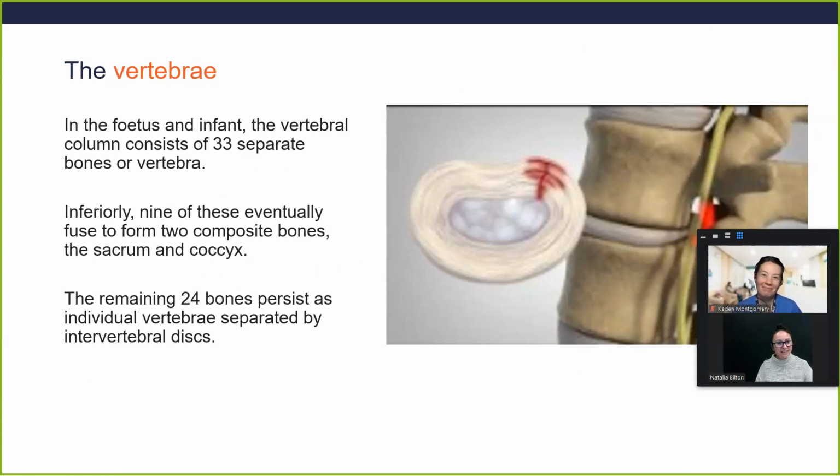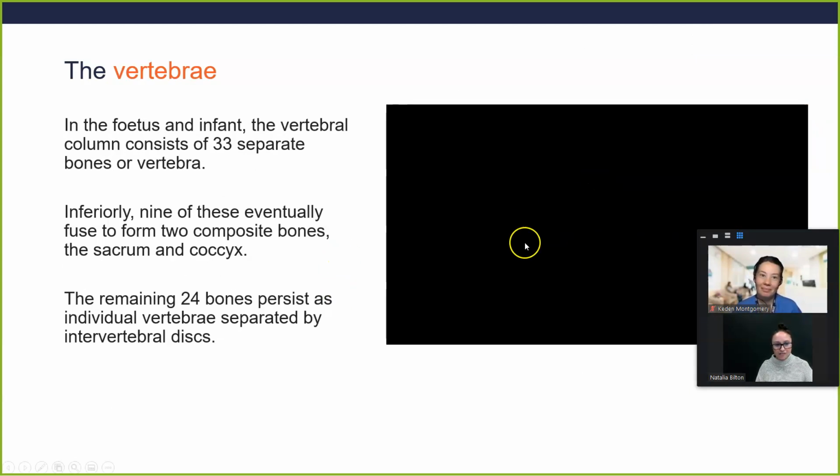Okay, here we go. The vertebrae. I've got a little video for you to watch about the vertebrae, so you can do that yourself. But when you're an infant, your vertebrae are not fused. Like the skull bones, they are there, but they're floating.